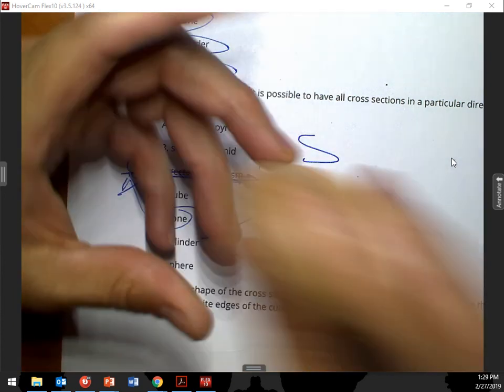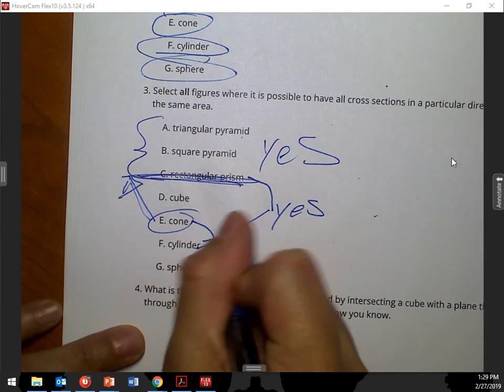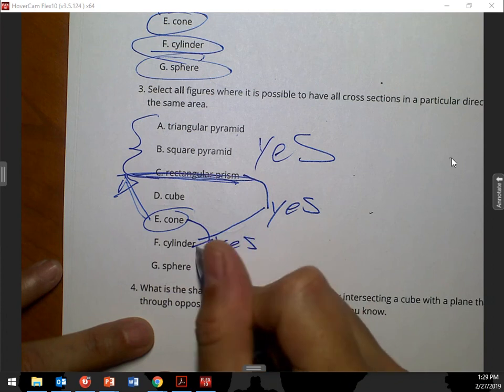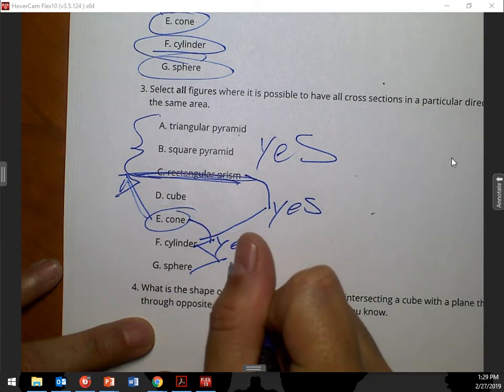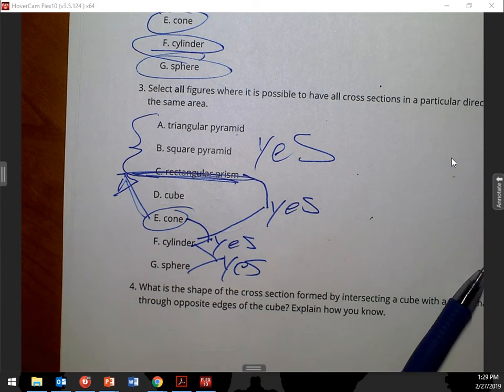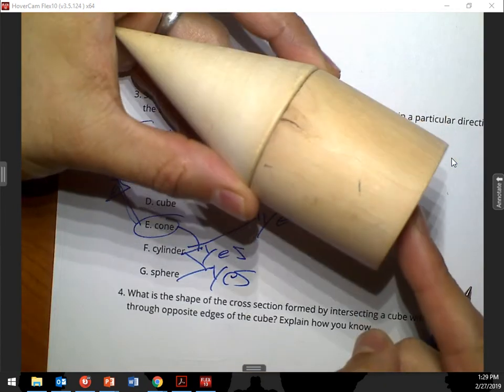All these, in a way, are good because cone and cylinder are yes. So C? A cylinder and a sphere, yes. So there's so many that actually fit here because I could also do this here, right?